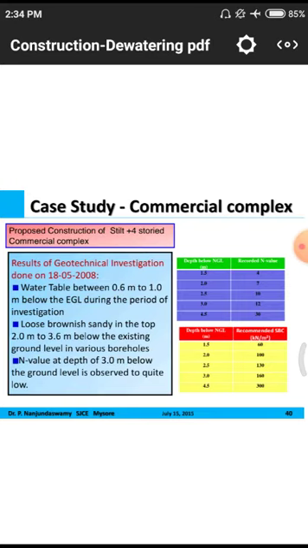First of all, they have to know the water table, between 0.6 meters and 1 meter below EGL during the period of investigation. EGL means existing ground level.